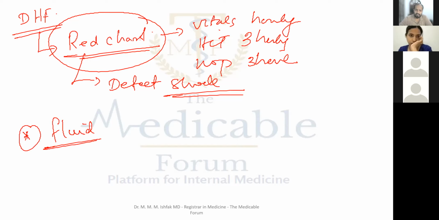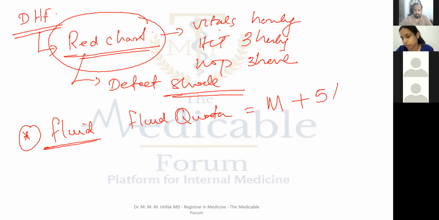So during DHF, the most important thing is fluid prescription. Basically you need to calculate something called the fluid quota. It is the amount of fluid which has to be given during the 48 hours. It is maintenance plus 5% deficit.